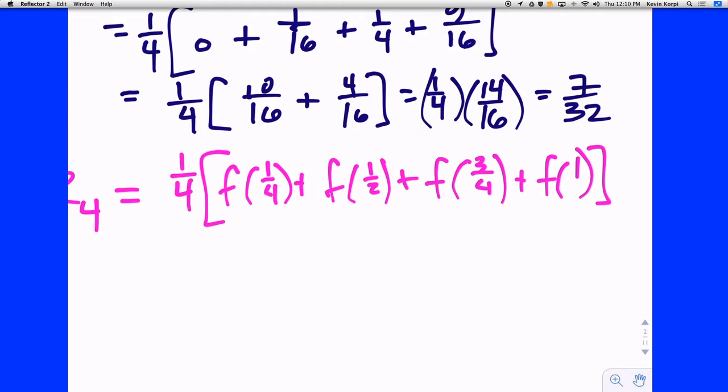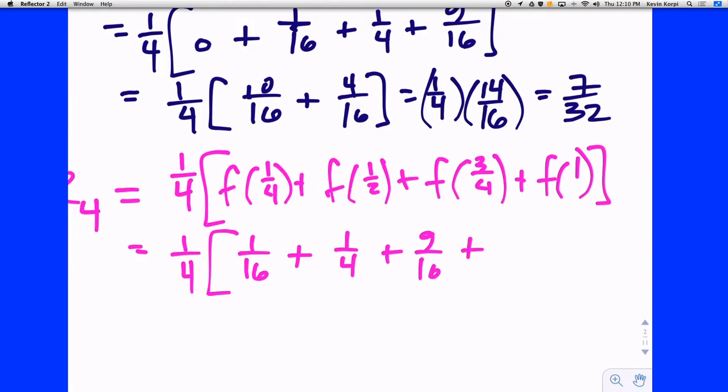Is that numeric? No. So now I apply my function, which is to square the inputs, and I get a 16th plus a 4th plus 9/16 plus 1 squared is 1, which is the same as 16/16 if you want to do that. So we end up basically with 14/16 from above plus another 16/16.